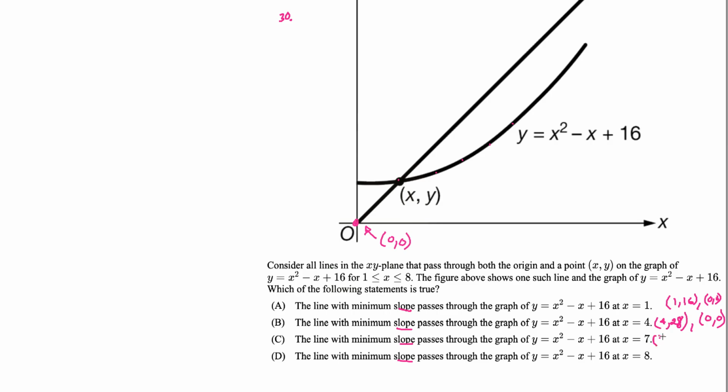What's the next one? 7. 7 squared is 49 minus 7 is 42 plus 16 is 58, so 7 comma 58 and 0 comma 0. And then 8. 8 squared is 64 minus 8 is 56, 56 plus 16 is 72.